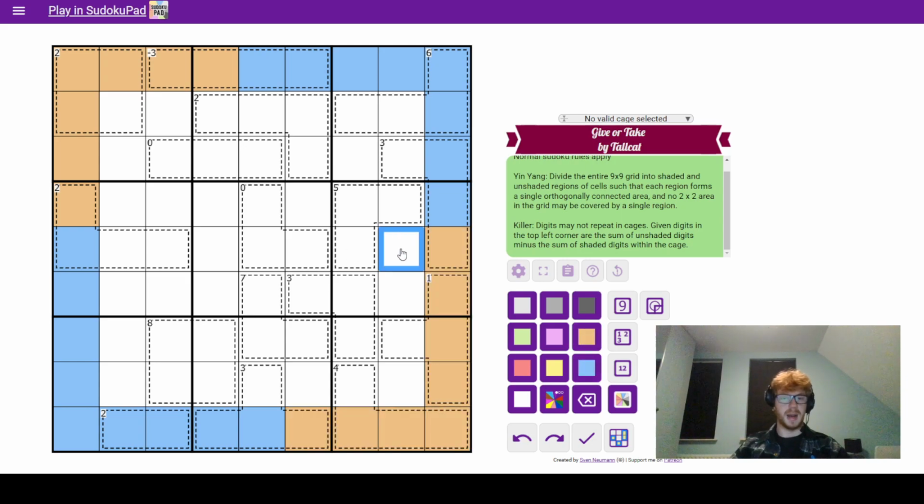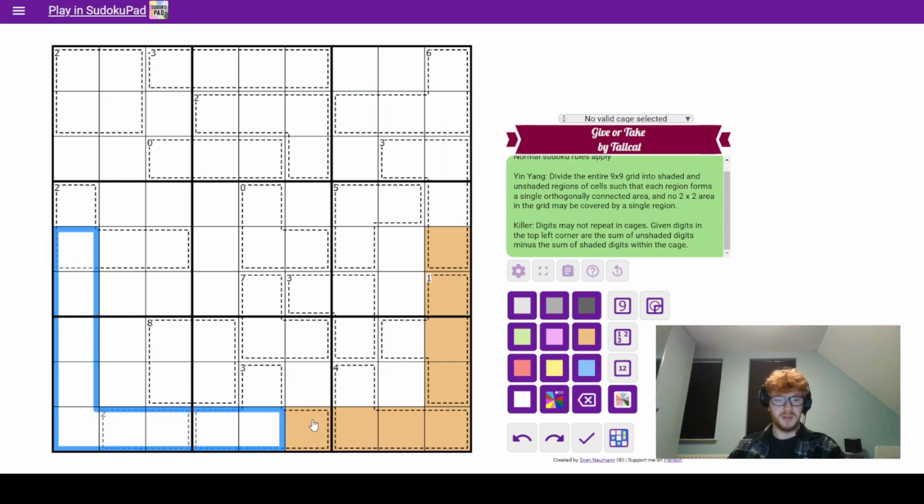Once you connect up the two orange regions, you'll always cut off the other two blue regions, and they both have to be one region. So the blue can never connect to the blue on the bottom left now. That's what I'm seeing.